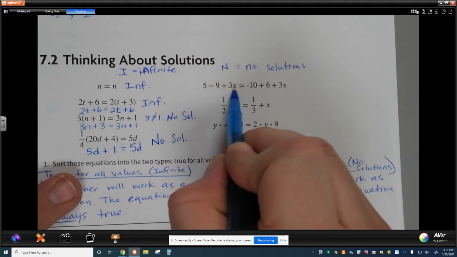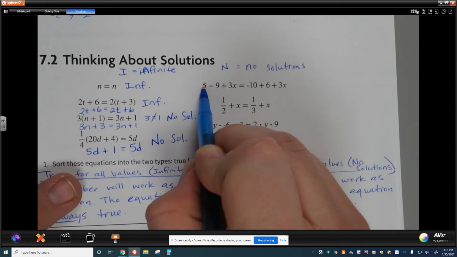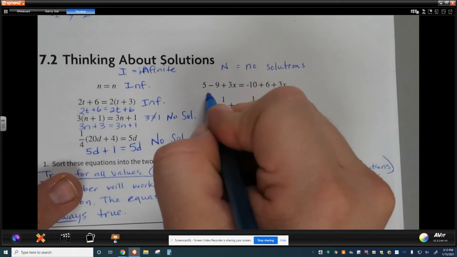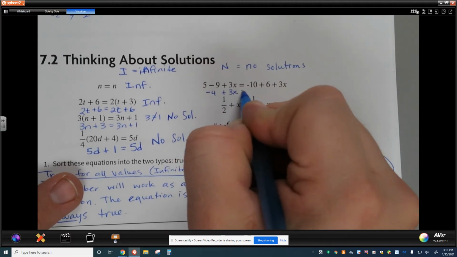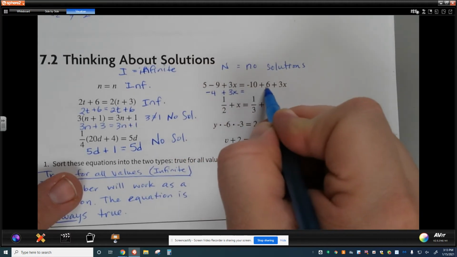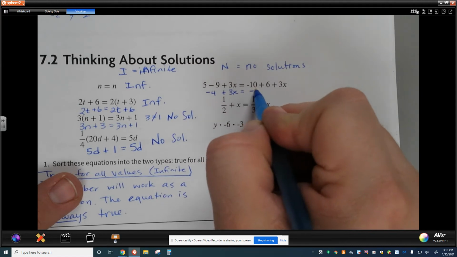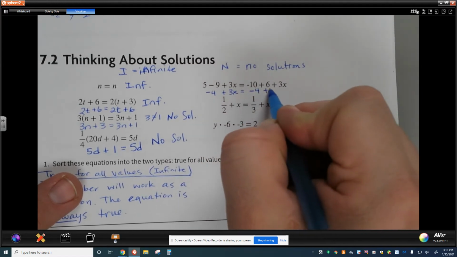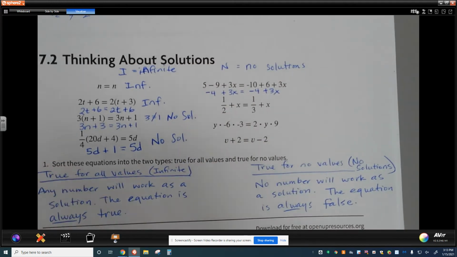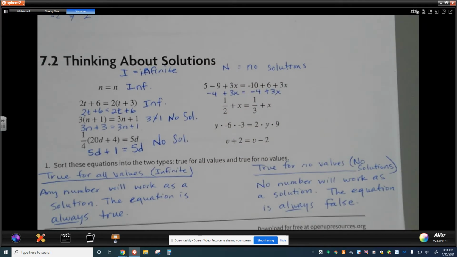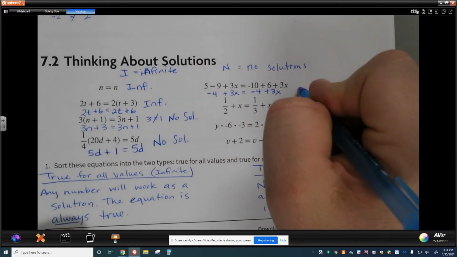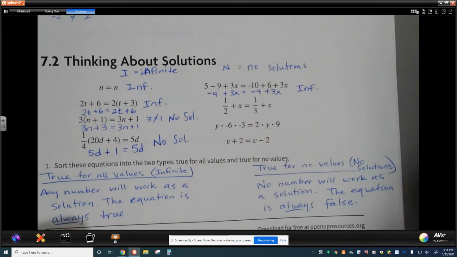This is a product I don't know, so I can't combine that with values that I do know. 5 minus 9 is a minus 4 plus 3 times x. And a negative 10 plus 6 is also a negative 4 plus 3 times x. And after simplifying, I noticed that these two expressions are exactly the same values. So we know that this is infinitely many solutions.